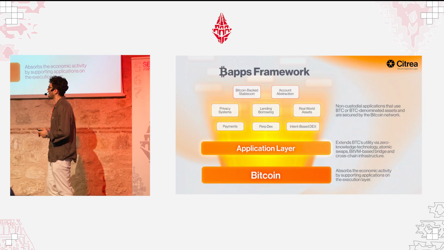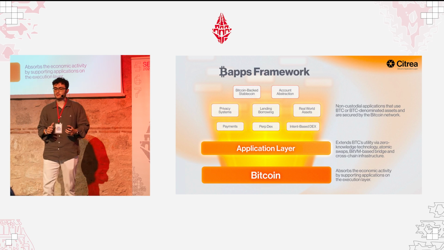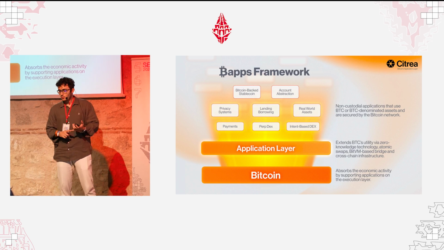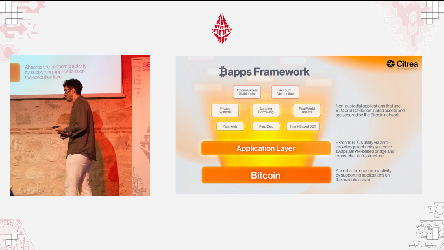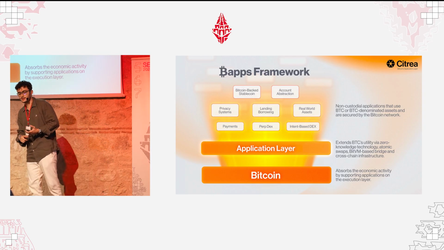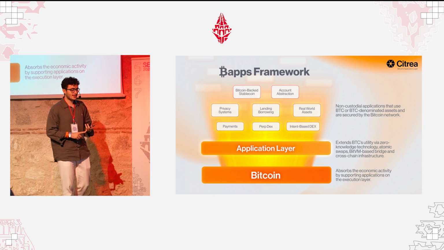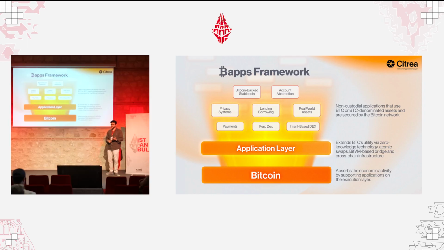We do all of these for one thing that we like to call the BAPS framework. You have Bitcoin, which has more than $2 trillion sitting idle, with 17 years of running, no downtime, very sound money. You have your application layer, that's Citrea, relying on Bitcoin security, that has a trust-minimized bridge to Bitcoin, which brings Bitcoin into a smart contract platform that is EVM compatible.